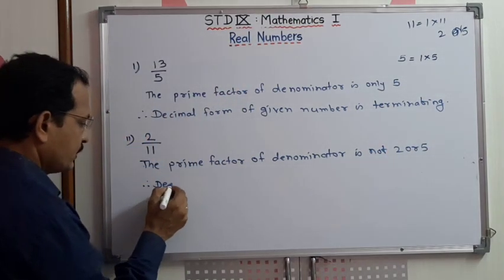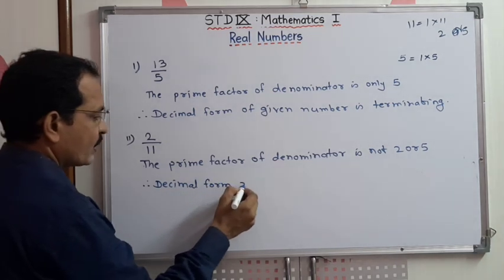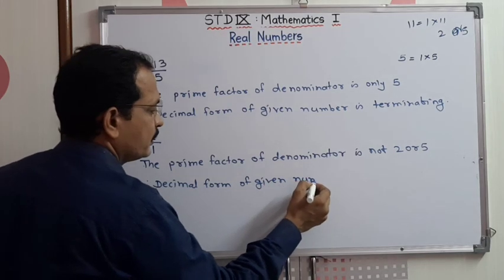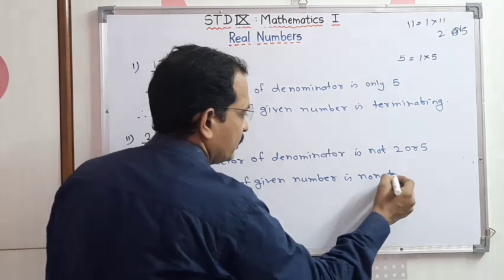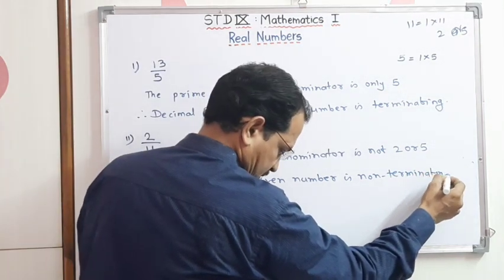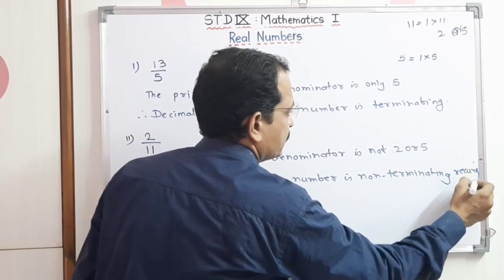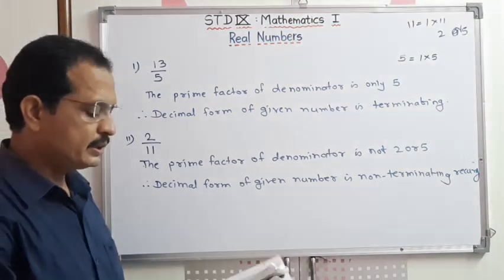Therefore decimal form of given number is non-terminating recurring type.